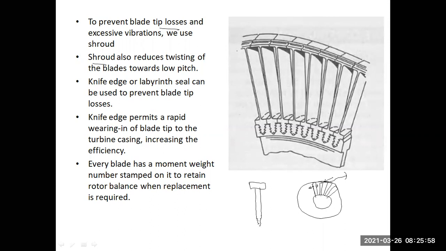That means it will reduce the vibration. It will reduce vibration and reduce the blade's twisting toward low pitch. Okay, and since the shroud is there, I can connect the casing which is just touching the shroud, which will also reduce the tip losses. Okay, but as it is a high temperature, you will have to cool the case.